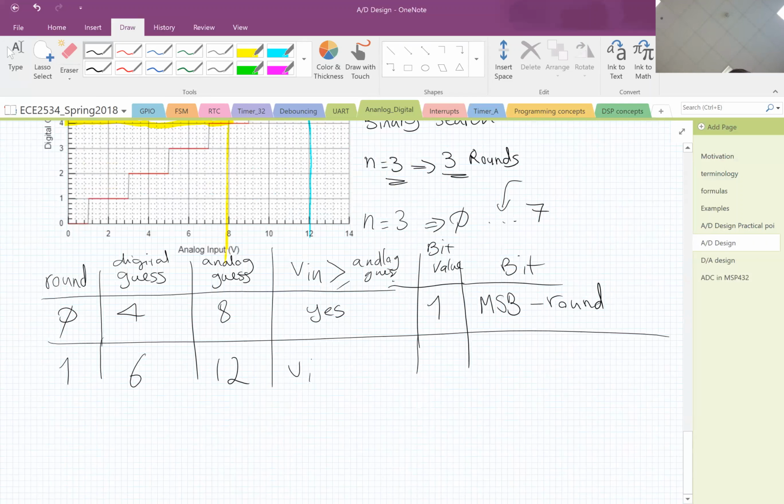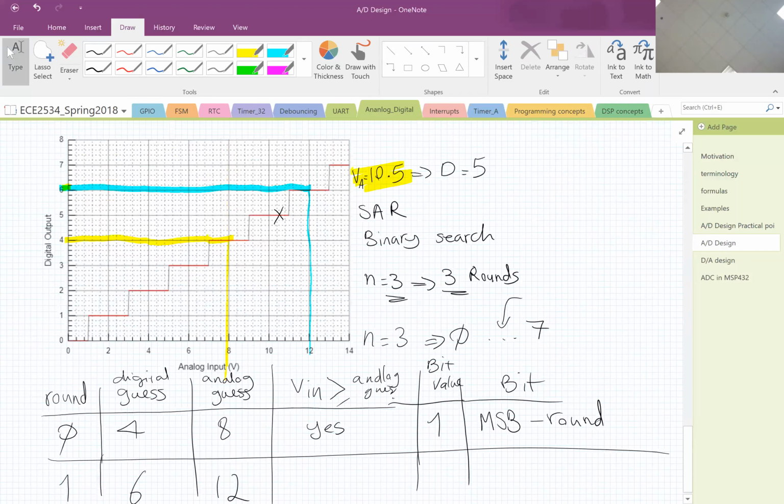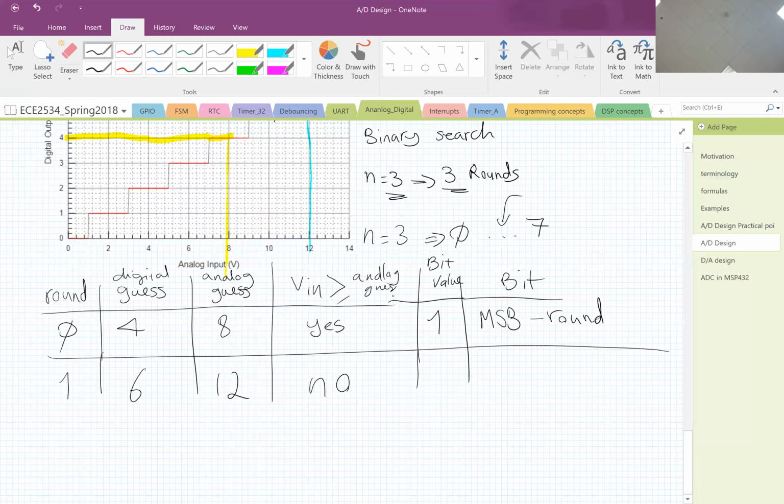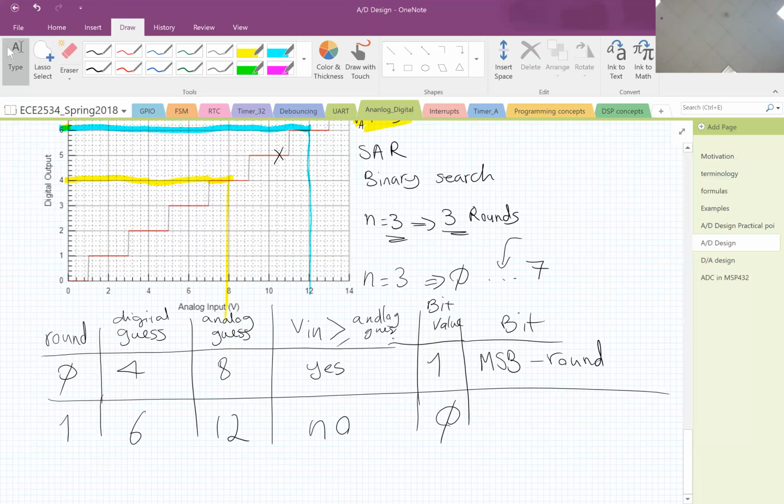Is Vin more than the analog guess? Yes or no? No. What can we say about that bit? It's 0. And what bit was it that we just made a decision about? It was MSB minus round. So this one was MSB. This one was MSB minus 1. The index of the bit.